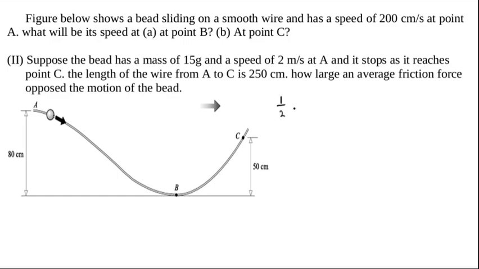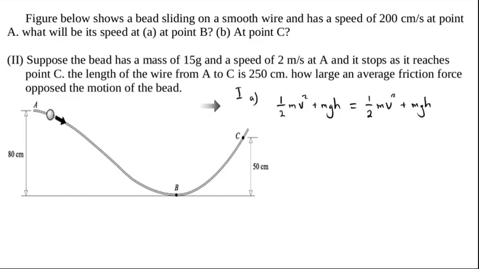of half mv squared plus mgh. Now this is for point A. The other side we have for point B, same thing, half mv squared plus mgh.